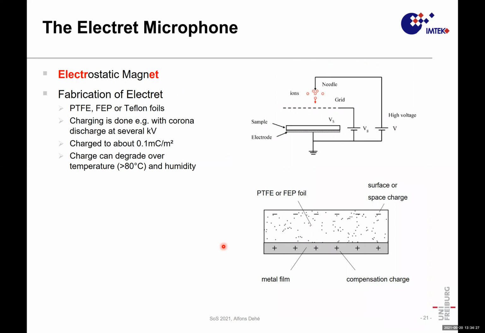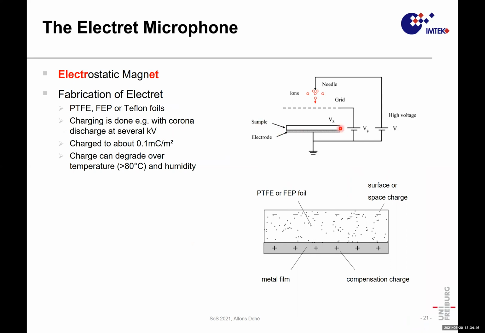So they were delivering an electric field out of their foil. The foils are kind of Teflon foils. And nowadays, if you do so, you do a corona discharge situation.